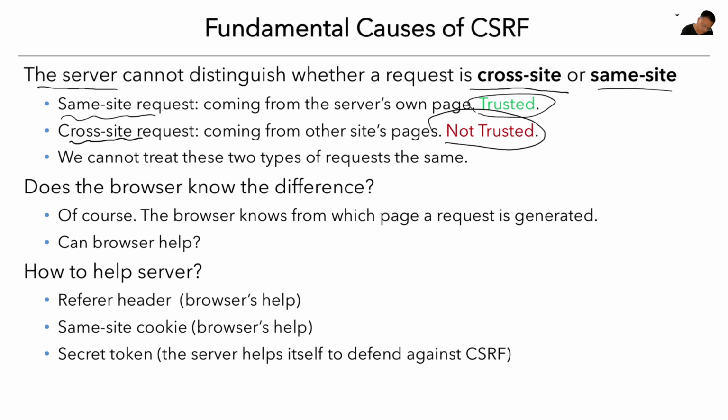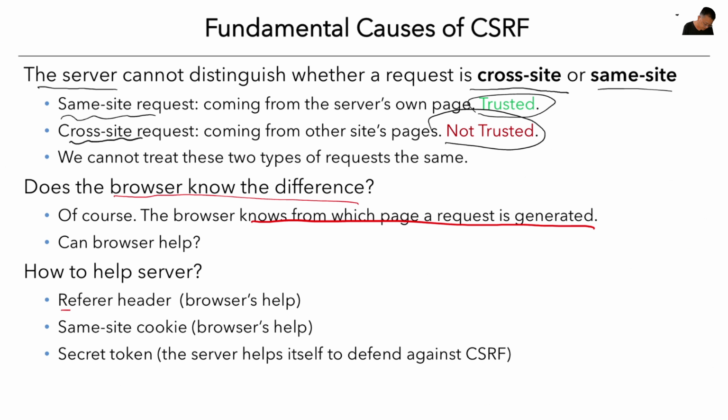But obviously the browser knows the difference, right? Because when you send the request, the browser knows where this request comes from. So the browser knows which page our request is generated from. So the browser can help the server to defend against cross-site request forgery.